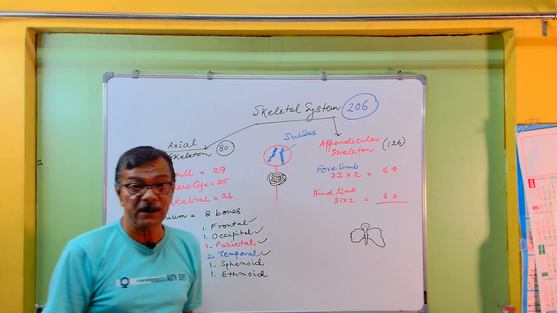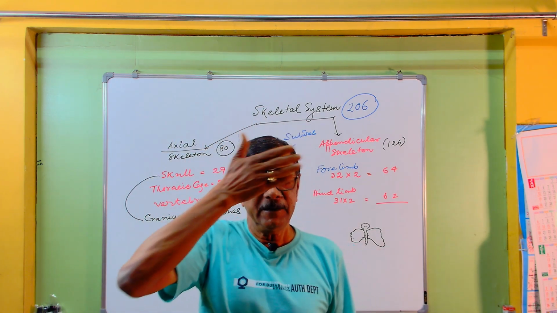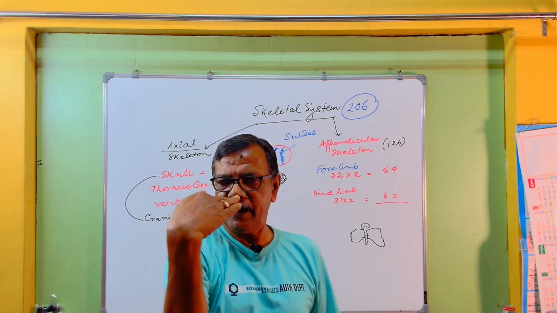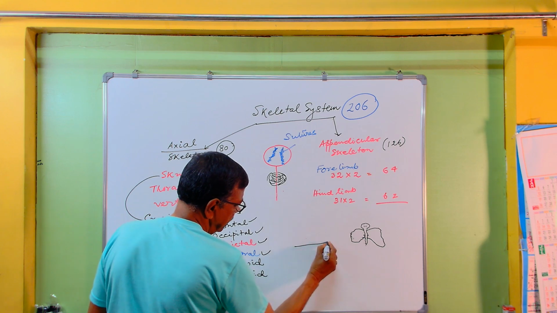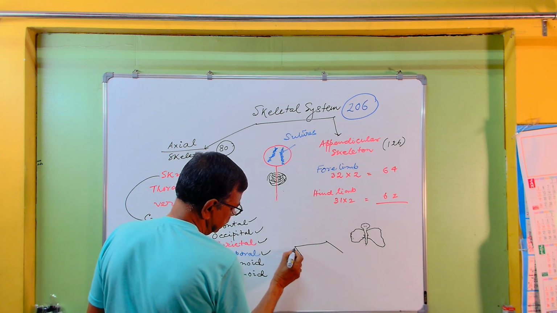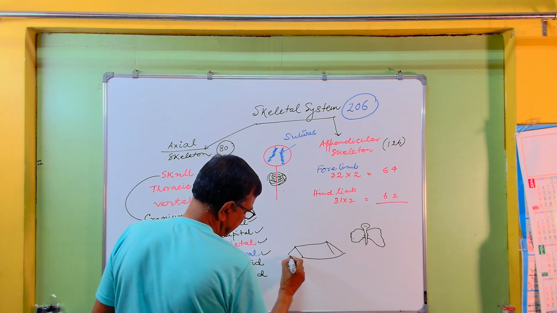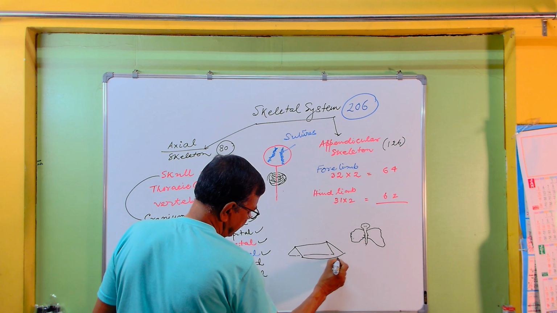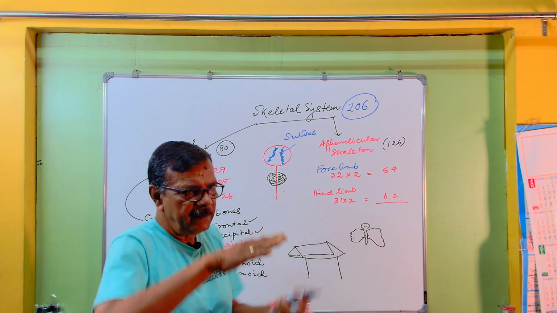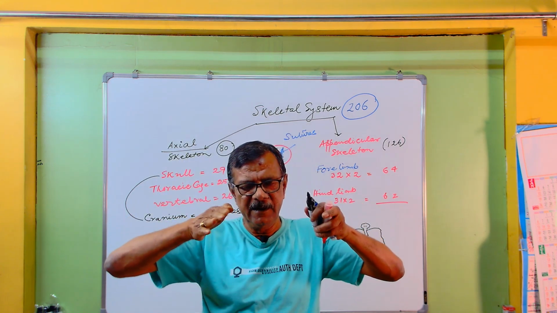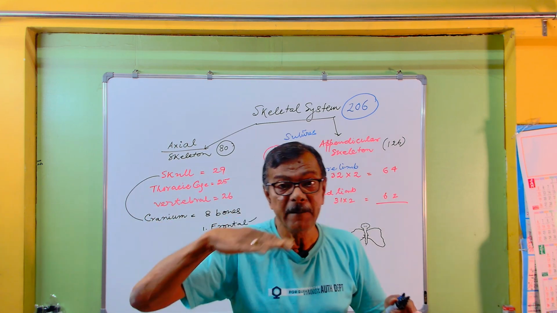Where is this bone situated? Now this is parietal, this is occipital, this is frontal, and here if you make a house like this, there is a ceiling. In the house there is a ceiling like this, with frontal, parietal, and here a ceiling.